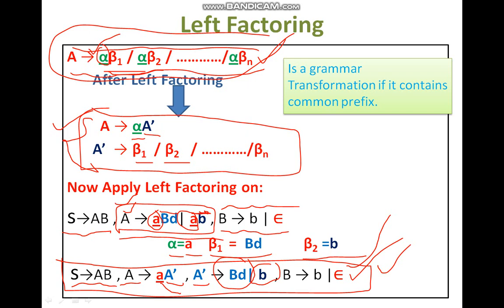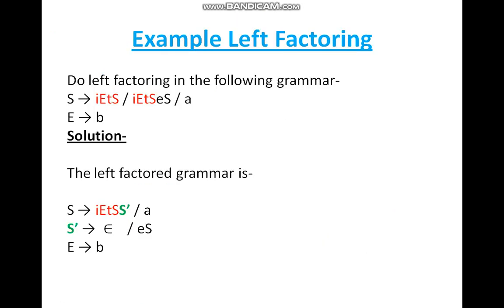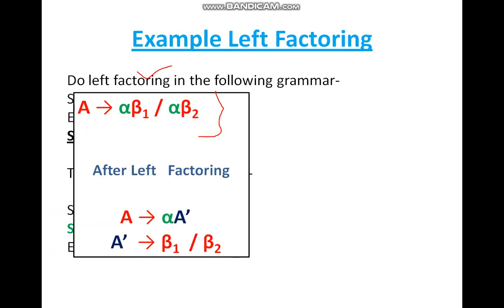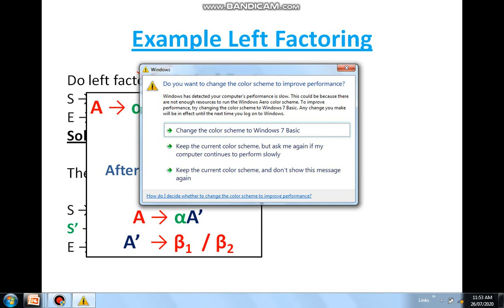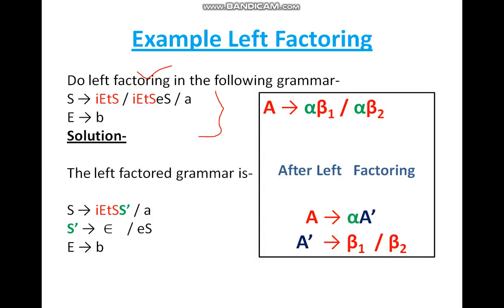We can see one more example. Look here. This is your given grammar and you have been asked to perform left factoring. So how to compare? We need to identify the longest common prefix alpha here.